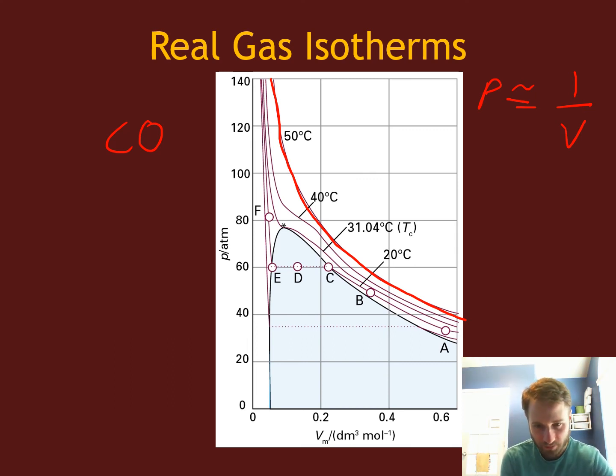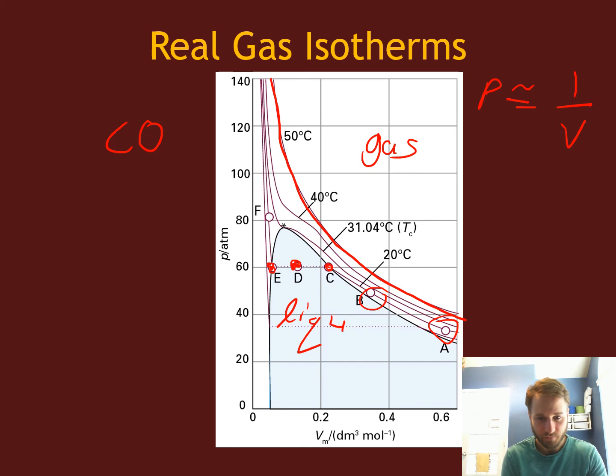But at lower temperatures, you still have this ideal behavior at points A and B, but then you reach point C. What happens after you reach point C is that as you reduce the molar volume, as you start compressing this gas more and more, the pressure of the gas does not change anymore. What's happening here is we're having a phase change, going from a gas phase to a liquid phase.